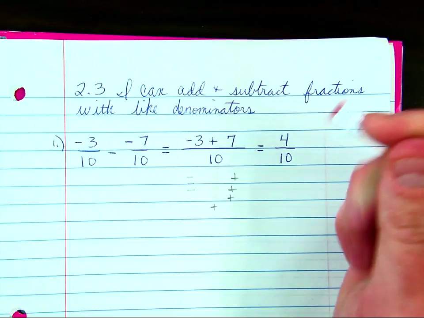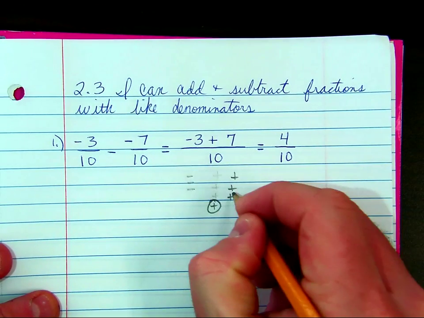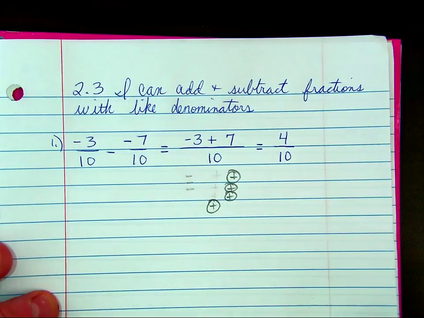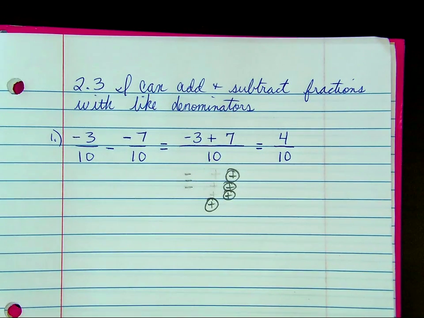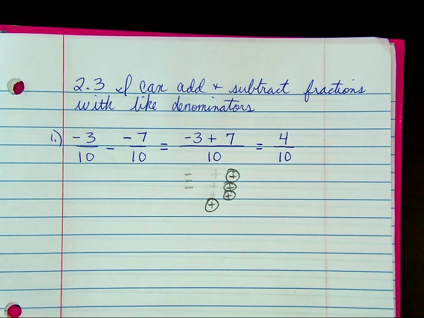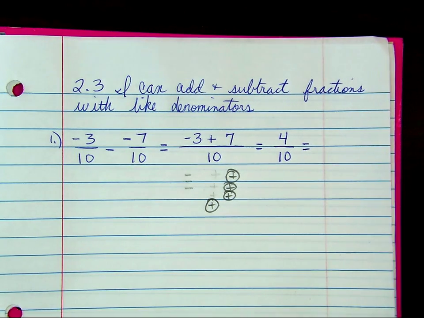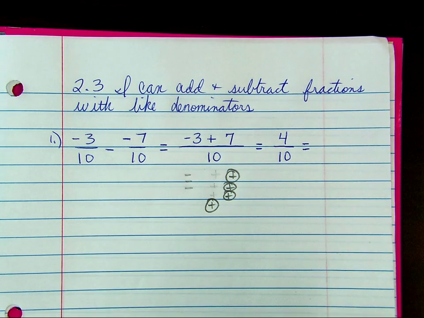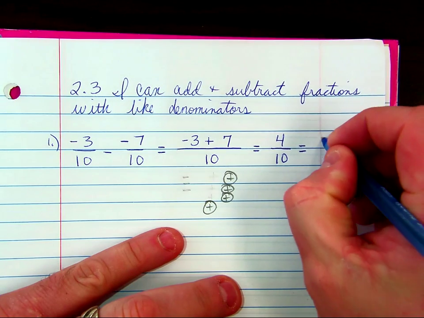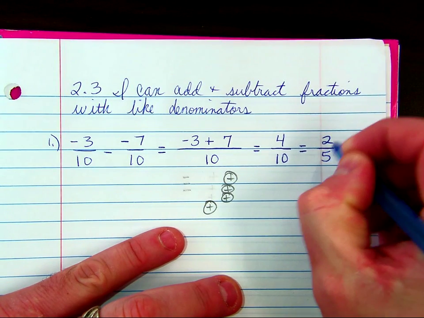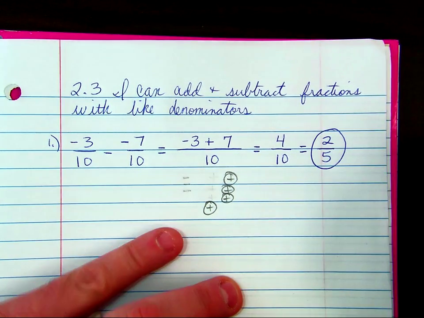Leaving us with 1, 2, 3, 4 positives. Now all we have to do is simplify 4/10. 4/10 in simplest form is 2/5.